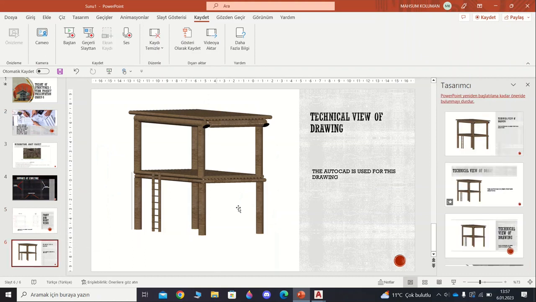And you see the drawing as 3D. Finally, I want to show the whole drawing on AutoCAD.